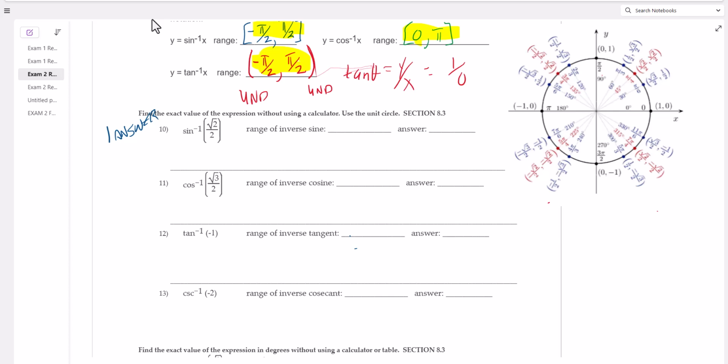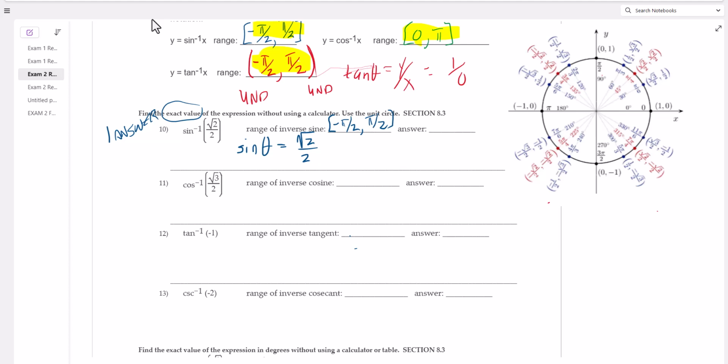So whenever you're doing an inverse trig function, this one I think you're supposed to get the exact value using the unit circle. The range of an inverse sine is negative pi over 2 to pi over 2. So that's important. And this really means the sine of what angle is square root of 2 over 2.